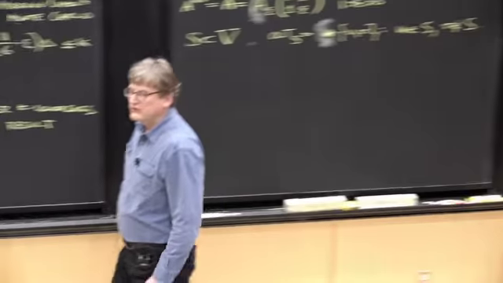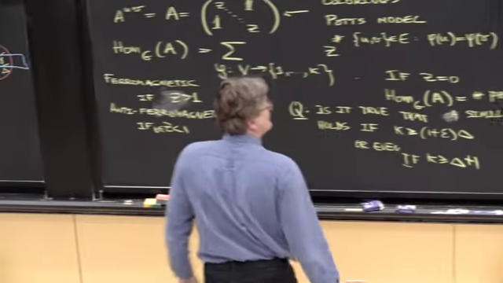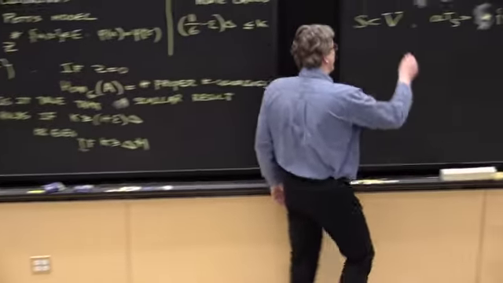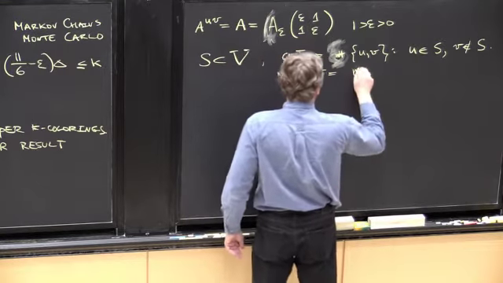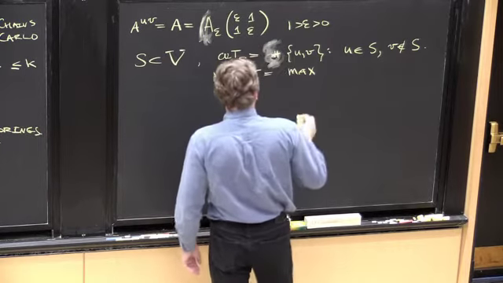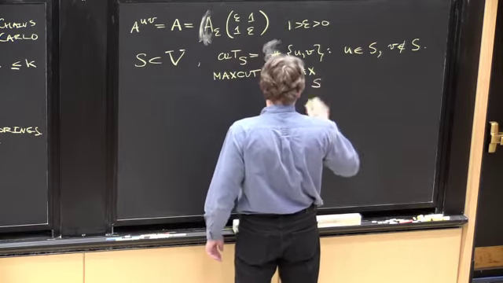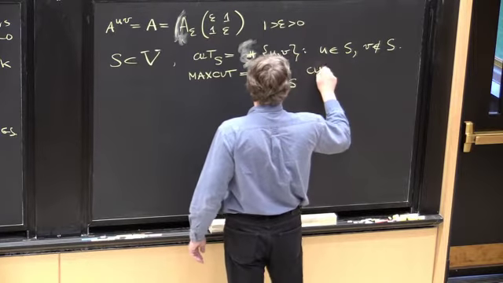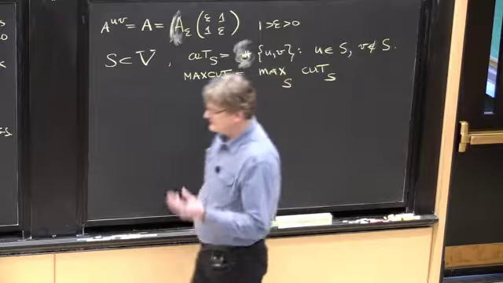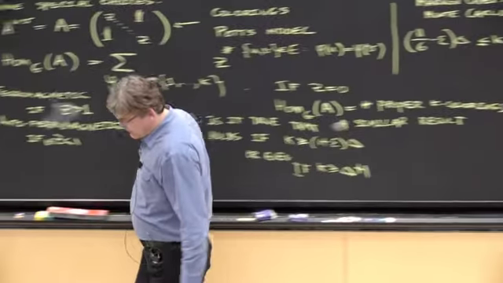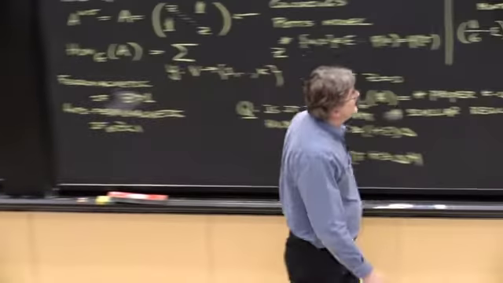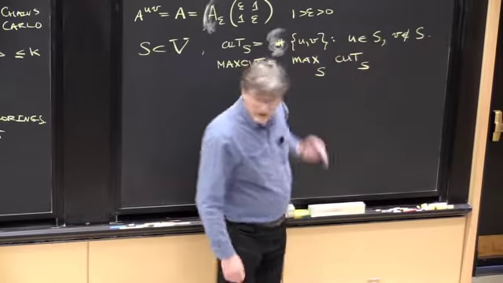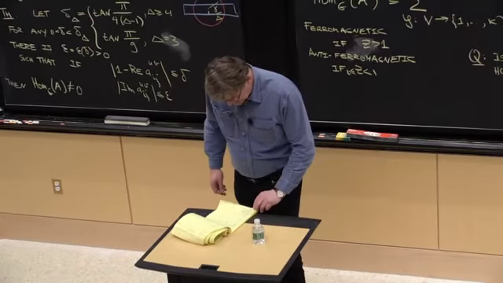So that's the cut associated with the set S. And the max cut is just the maximum of all cuts, over all S. So cut is a number here. It's just the number of edges that you destroy by picking one element in S and the other not. And the max cut is the largest among all.